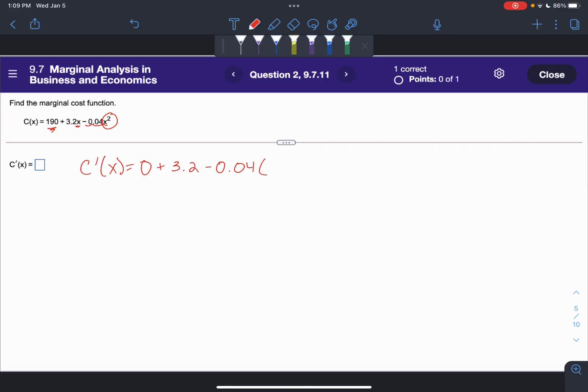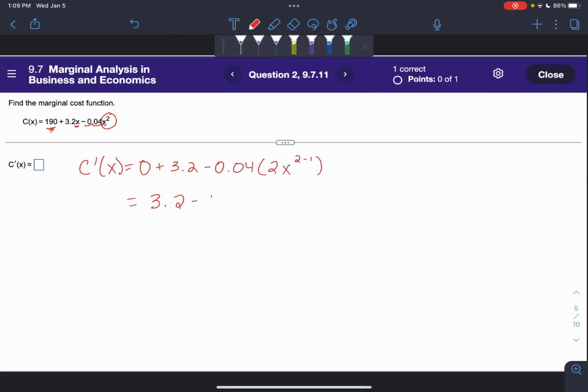So that now we just have to worry about the derivative of x squared. So bring the power down, x, and then decrease the power by 1. So we can rewrite this a little cleaner and get this 3.2 minus 0.08x.